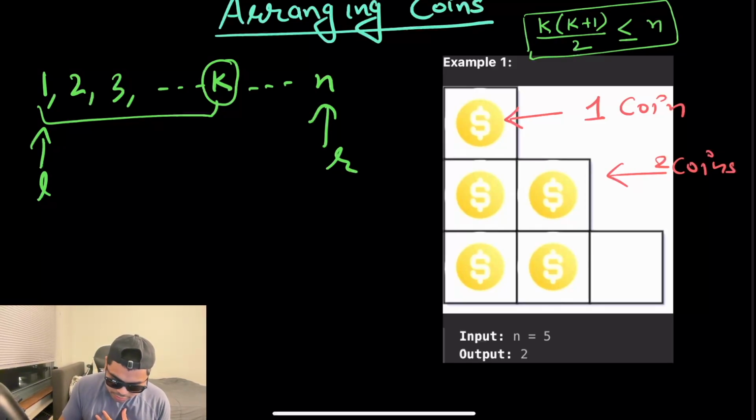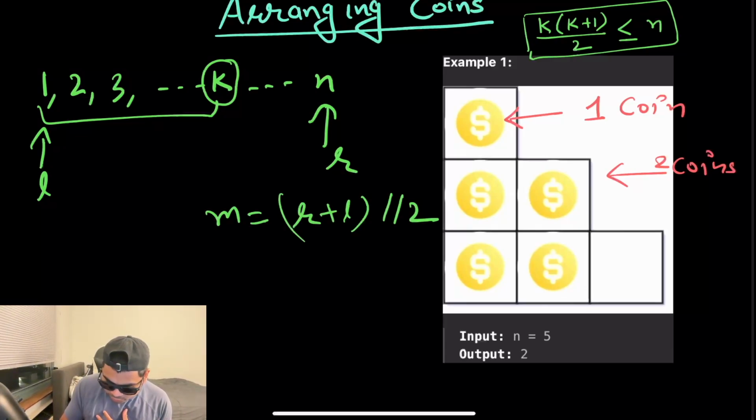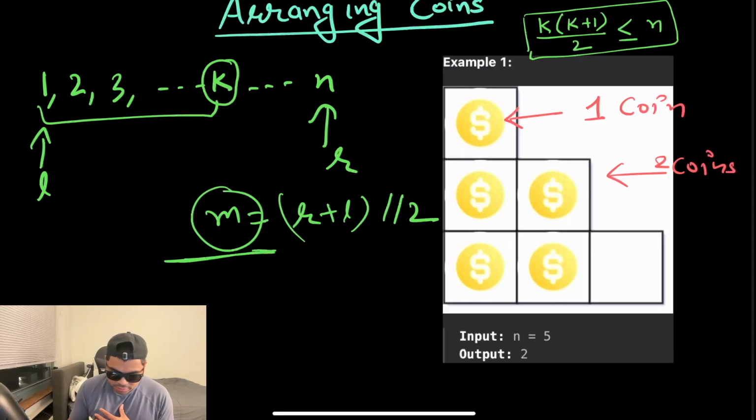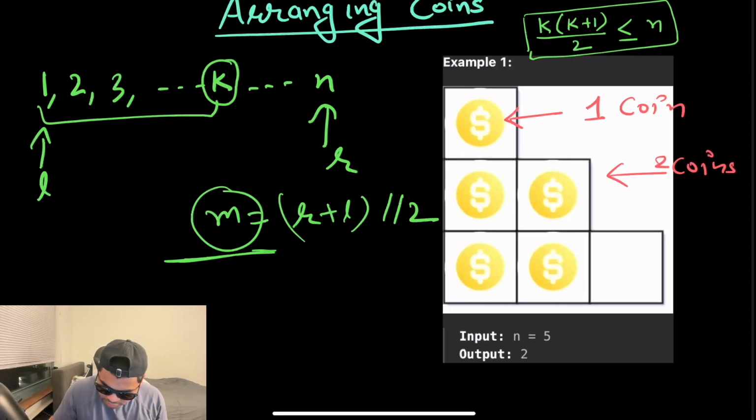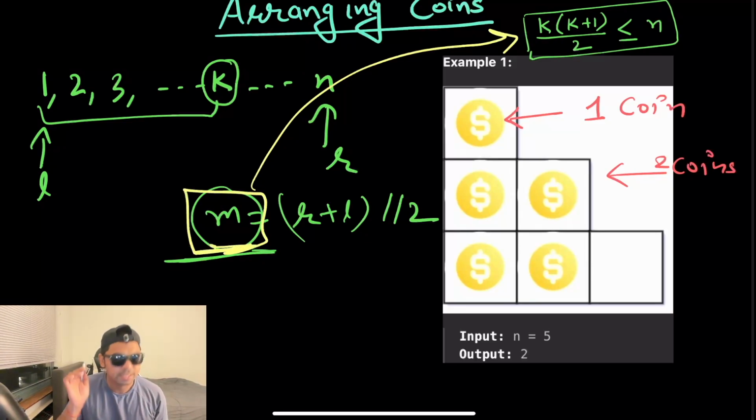We find our mid, which is left plus right divided by 2, and this mid is what we are guessing. What we really want is the highest k where this condition still holds for our middle. That would be our perfect k, right?